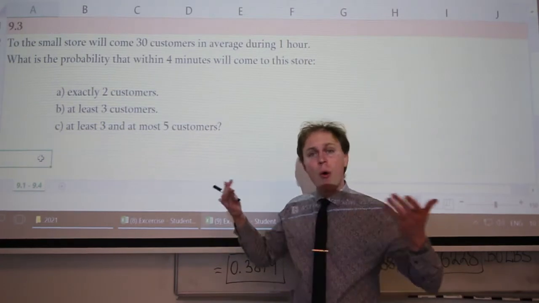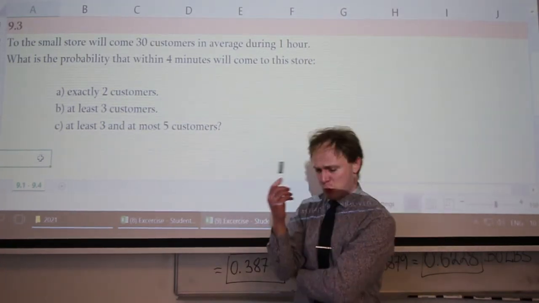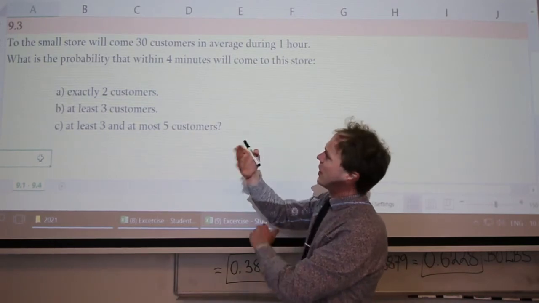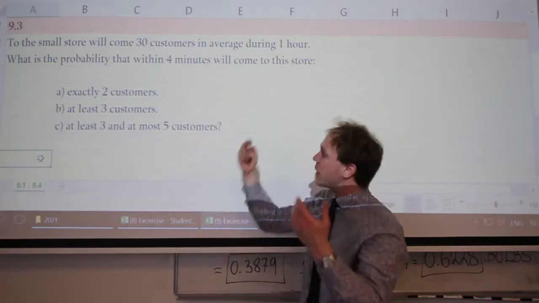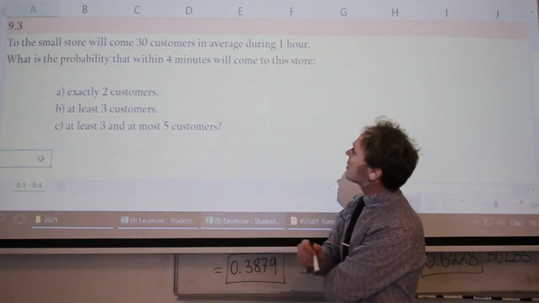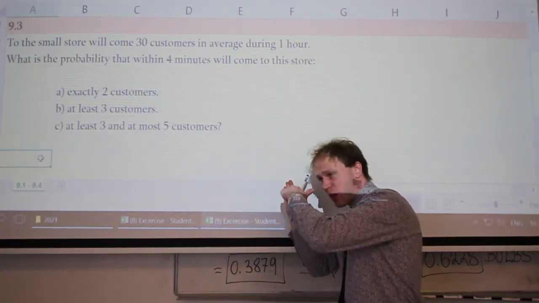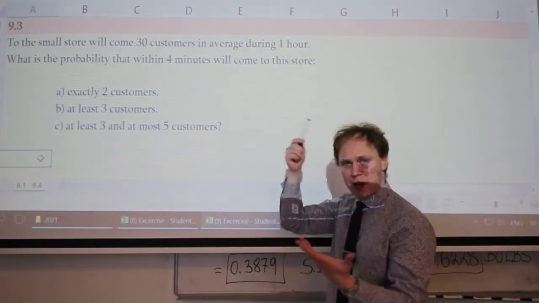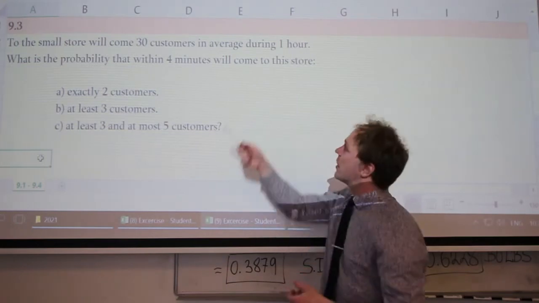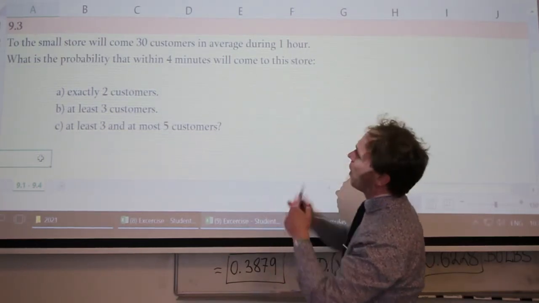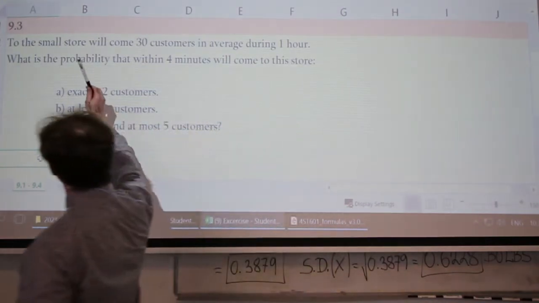You are the owner, for example, of this small store, and you know that you can expect on average 30 customers during 1 hour. Sometimes it's more, sometimes it's less, but on average you have calculated, you have expected, this value, 30 customers in 1 hour.